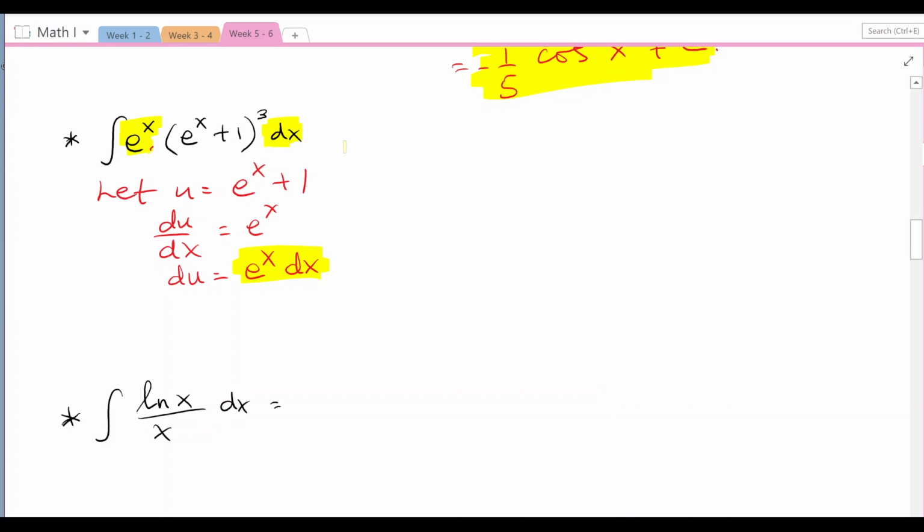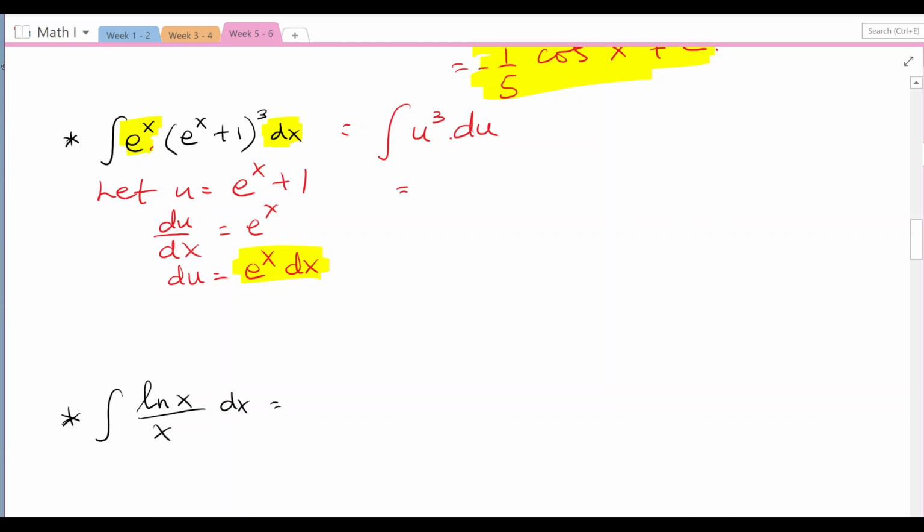So we can replace e to the power of x dx with du, and we know that e to the power of x plus 1 equals u. So this becomes the integral of u to the power of 3 du. That's as simple as that.